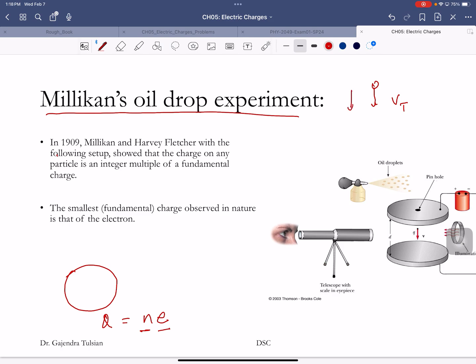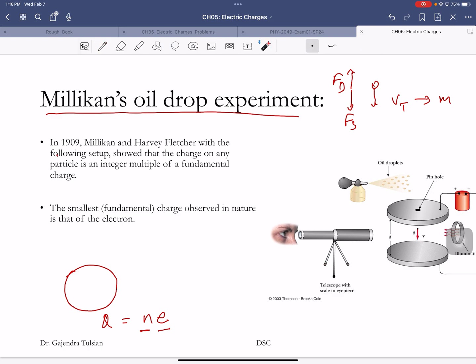So there's the force of gravity. And when do you gain terminal velocity? When the drag force equals that. So before they hit the plate, they gain terminal velocity. And from the terminal velocity, you can calculate the mass of the droplet.